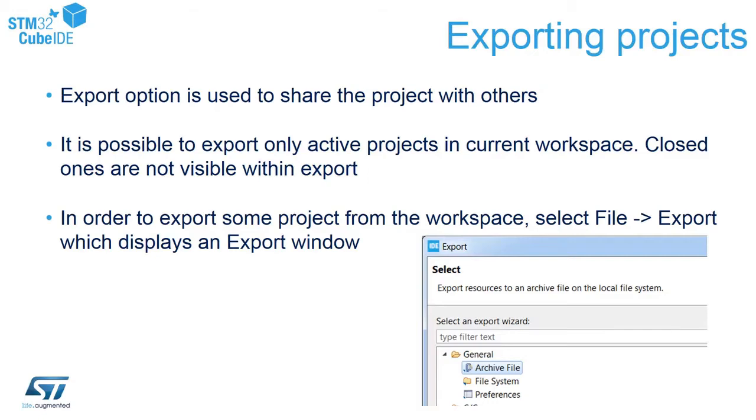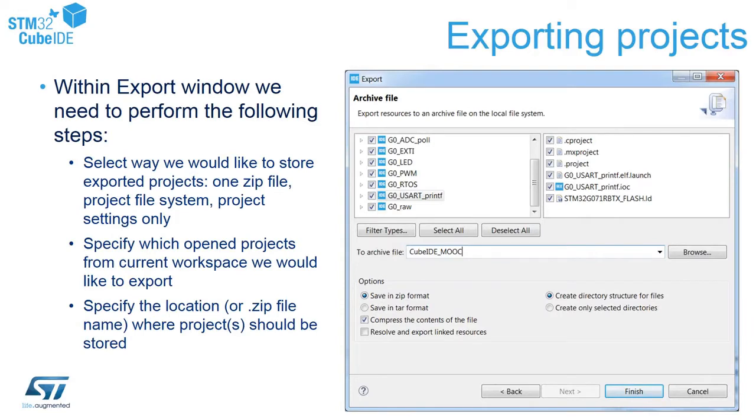So General, Archive File. Then the window will change and it will display all available opened projects within the active workspace. In our case, we've got 7 of them. We can select which projects we would like to export into the file, and then we need to specify the archive file.